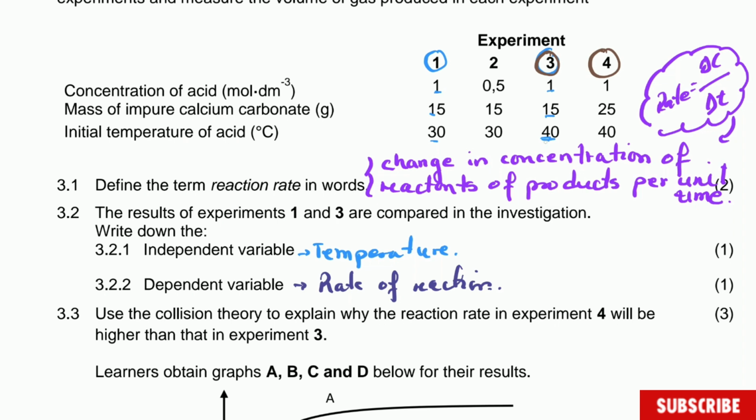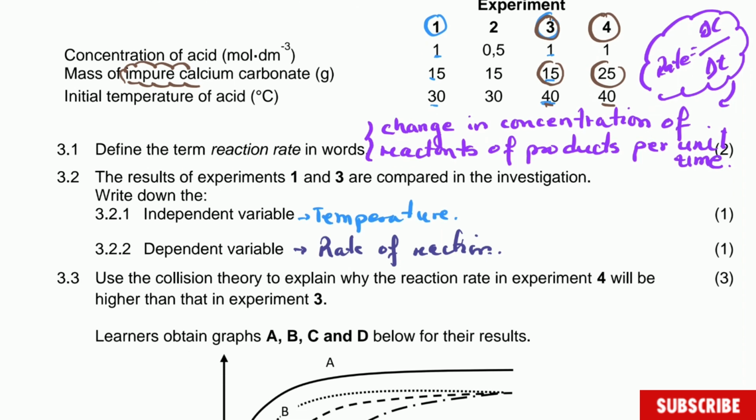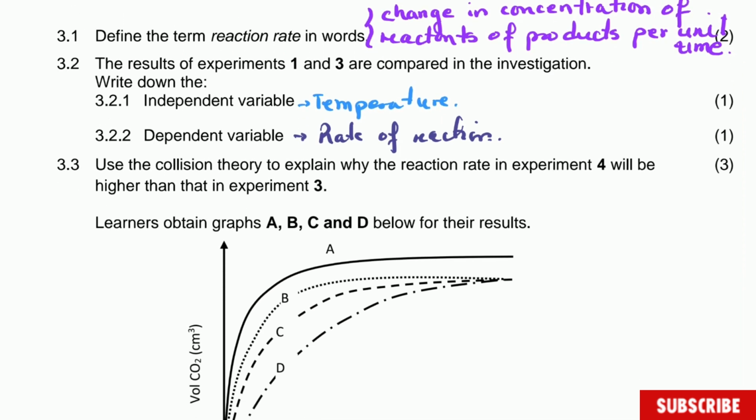The temperature stays constant now, but what they change is the mass of impure calcium carbonate. Note that the calcium carbonate is impure, not pure calcium carbonate. So that will have an influence here. Use the collision theory to explain that change.